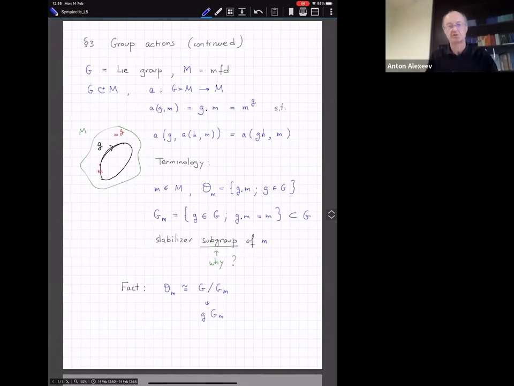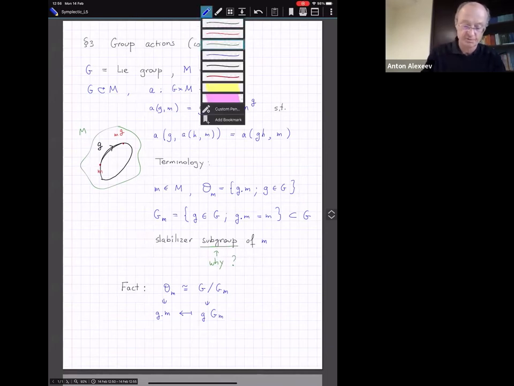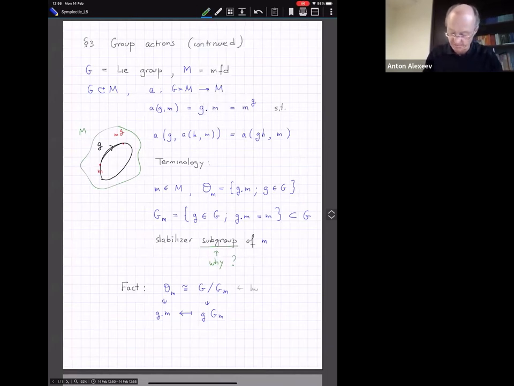So for instance, G times G_M, and you map it to the point G dot M in O_M. This map gives you an isomorphism between the coset space, or the quotient space, or homogeneous space, and the orbit which sits in your manifold.